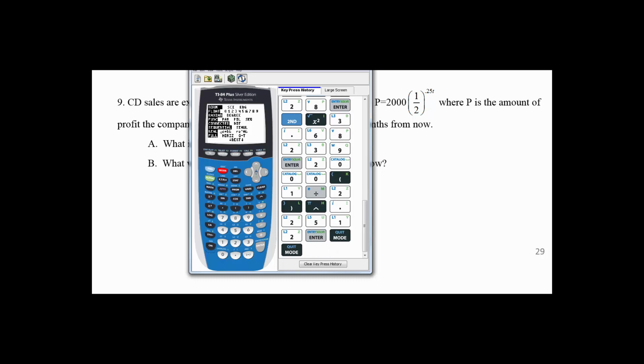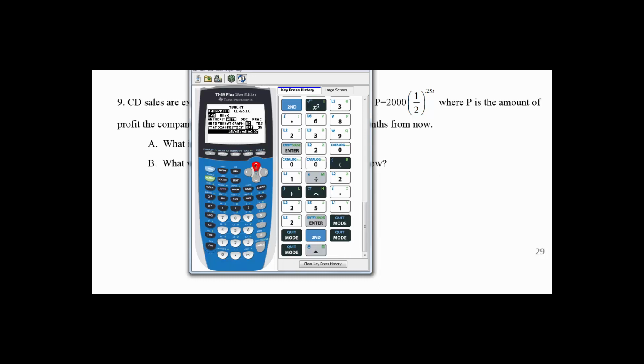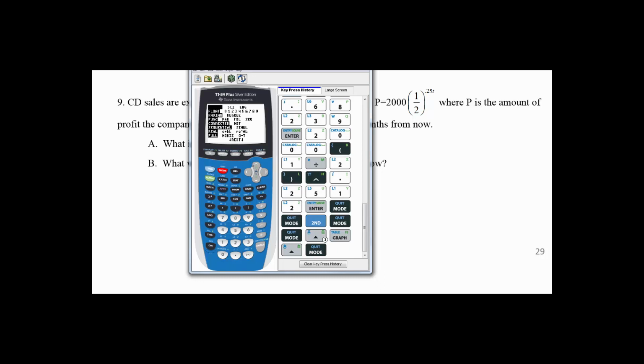Now if you get an older calculator that doesn't raise the power up like this, what you've got to do is put parentheses around it. If you get a newer calculator and that worked out just fine for you, then I've got nothing else for you in this video. But if things didn't work out so well for you, let me show you what might be the issue.